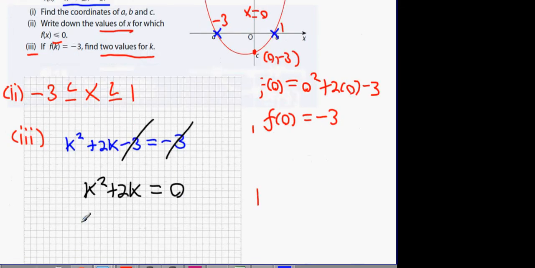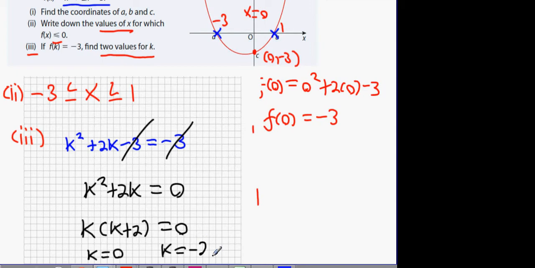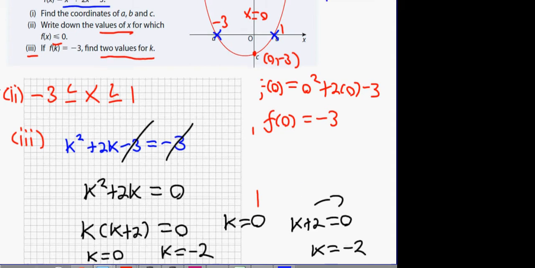Take out k and we're left with k times k plus 2 equals 0. So what's my two answers? K equals 0 or k equals minus 2. The missing step is k equals 0, k plus 2 equals 0, k equals minus 2. Is that alright? Okay guys, moving on.